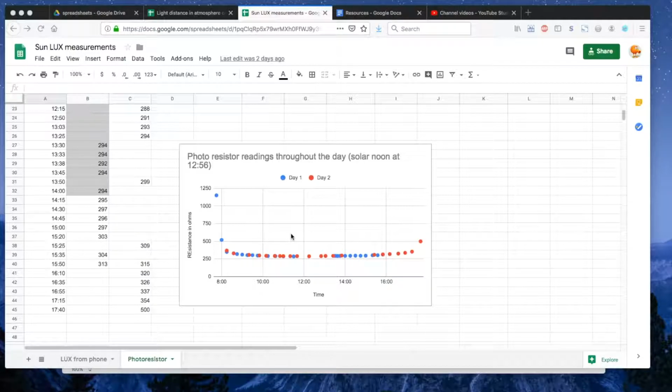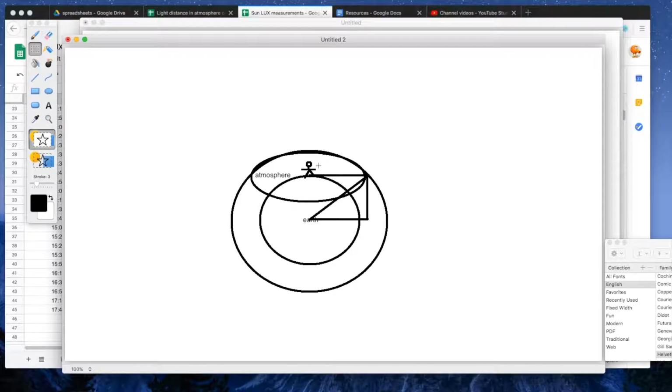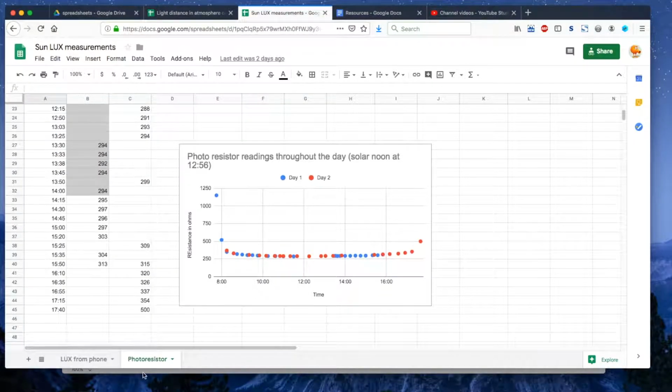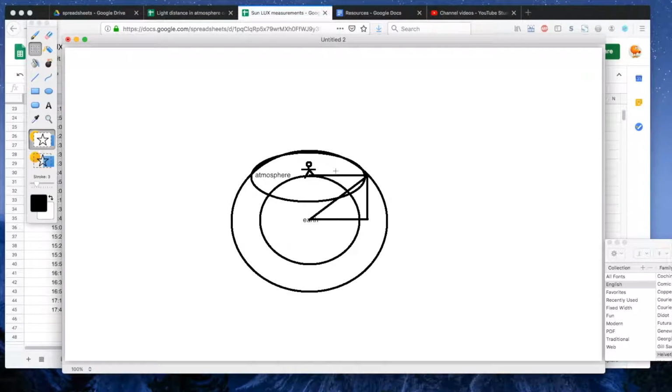And the other thing too is moisture in the air probably does not go 100 kilometers in the air. It's probably only around 5 or 10 kilometers, for example. So as the moisture stays closer to the ground, you might find that part of the values that you're seeing here are probably related more to the light being absorbed by clouds, by the moisture in the air, etc., by the pollutants in the atmosphere.